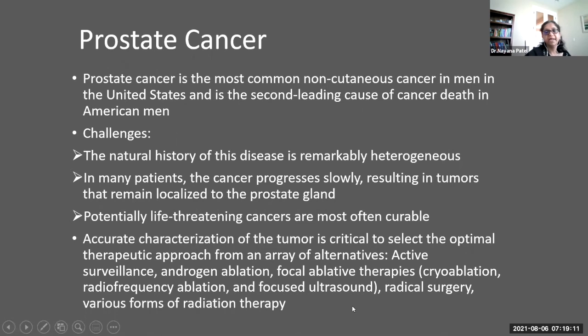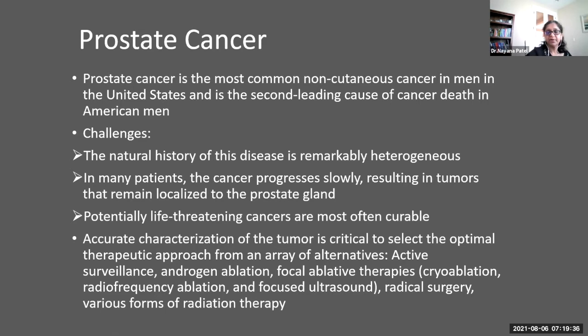There are many options for the treatment of prostate cancer, from active surveillance to androgen ablation to local ablative therapy, all the way up to radical surgery and radiation treatment.